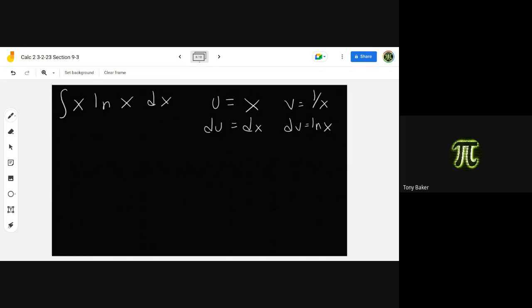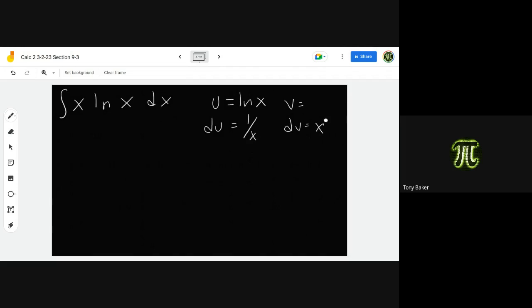So let's see if this helps me or not. Isn't the derivative of natural log of x equal to 1 over x? Oh, you're right. I think u should be ln of x. Yeah. You're right. I did the derivative again. Because how easy that is to mess up. All right, so let's switch it. Let's make that ln of x, which makes that 1 over x.